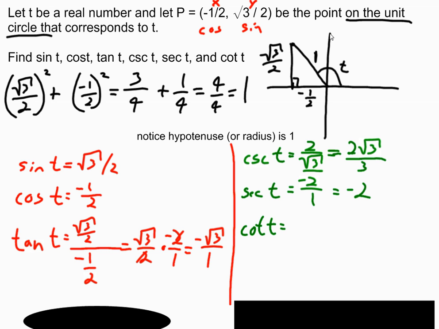That is equal to the reciprocal of this, so I get negative 1 over the square root of 3. It's already reciprocated, but I've got to rationalize the denominator. Multiply the square root of 3 on top and bottom, and I get negative square root of 3 over 3. And there you have it.